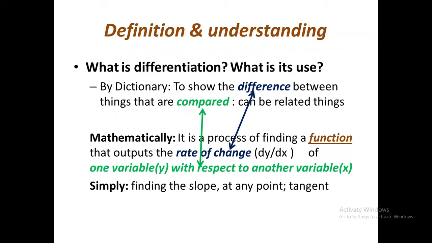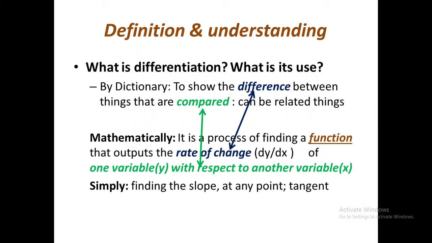What is rate of change? We are not talking about change. There is a change, but we are talking about rate of change. Rate of change means what? What is the quantum of change of both? It is basically the ratio of the change of both the items. In other words, we use the term momentum.